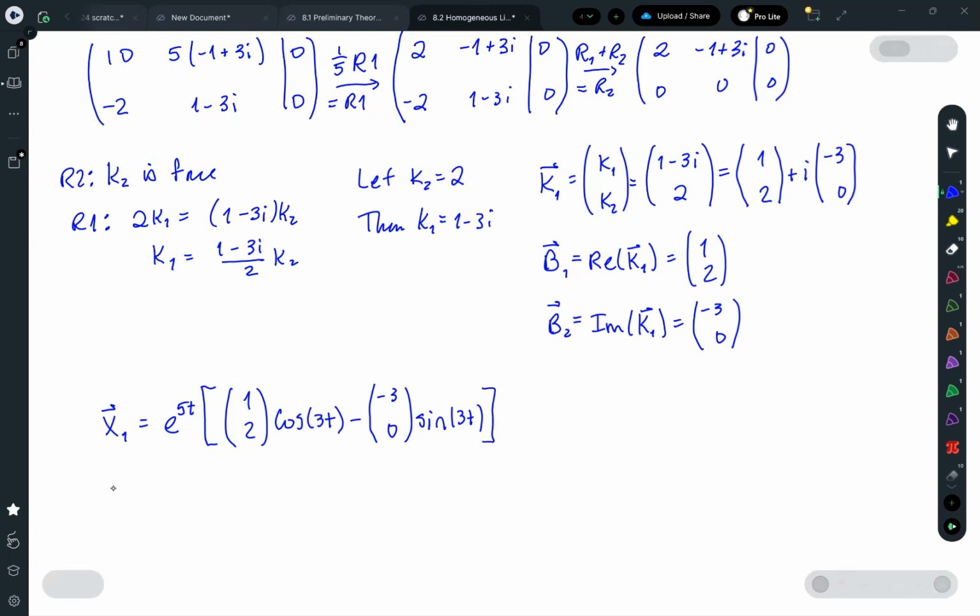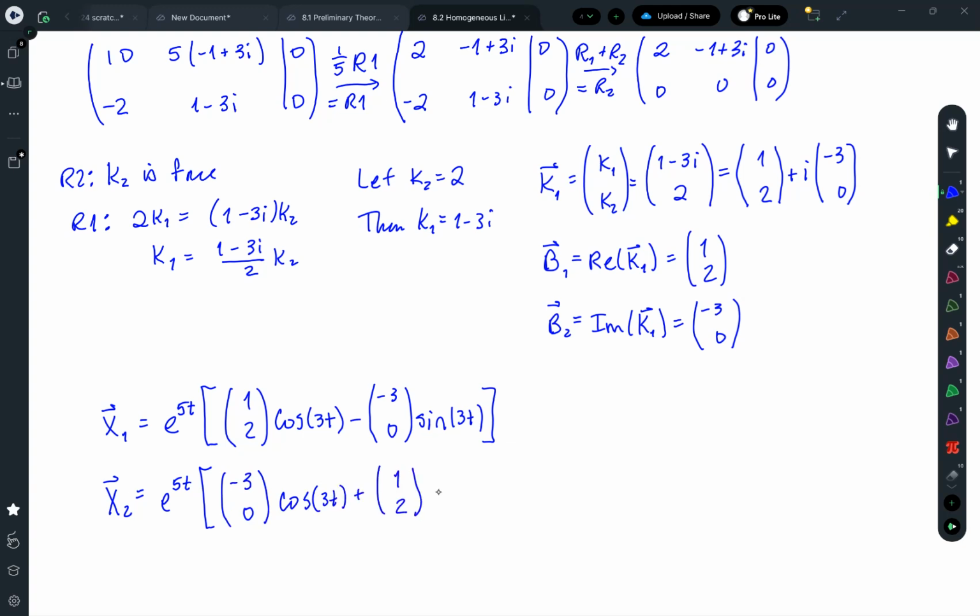Okay. The x2 solution is going to be e to the 5t, that's our alpha, times, now we have b2 that comes first, so it's negative 3, 0, times cosine of 3t, and then we have plus b1, which is 1, 2, times sine of 3t.